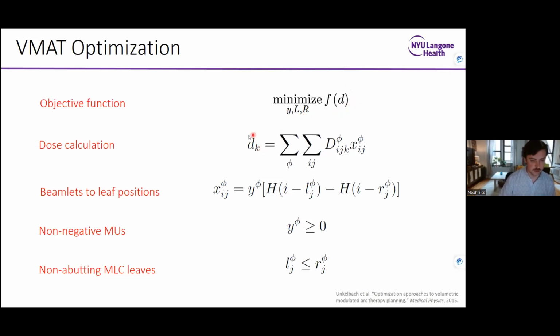We'll evaluate dose in the same way as we did before, where the dose to voxel k will just be this product of the dose influence matrix and our beamlet intensity.